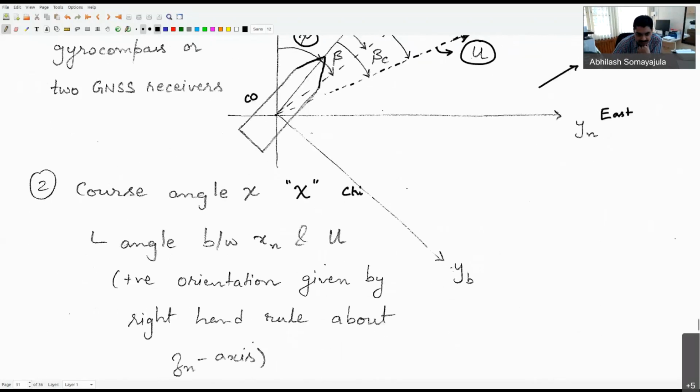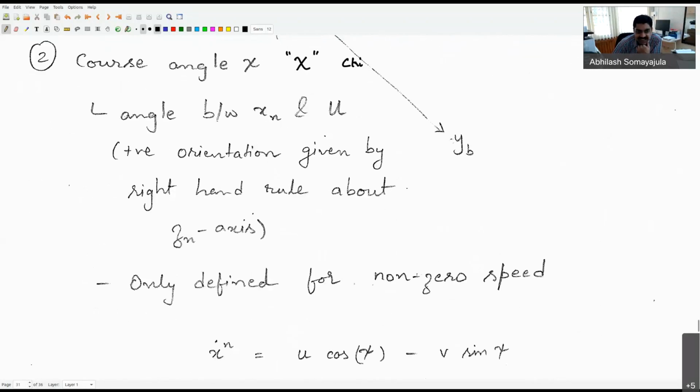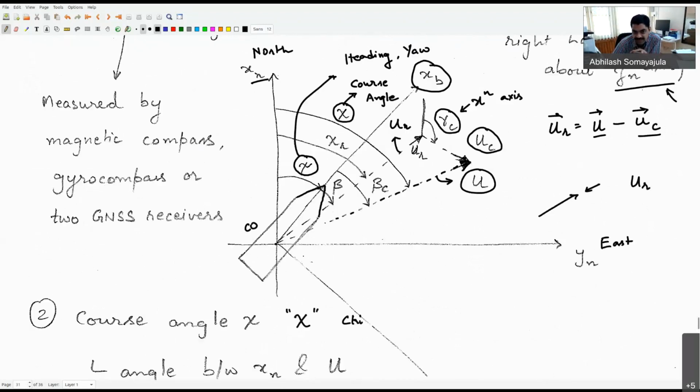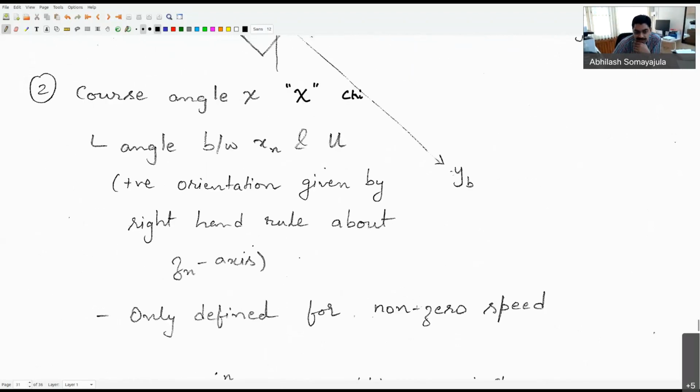Notice that this angle is also defined as positive about the Zn axis. So again, a clockwise rotation in this example will be the positive angle chi. Notice that this course angle is only defined for non-zero speeds.